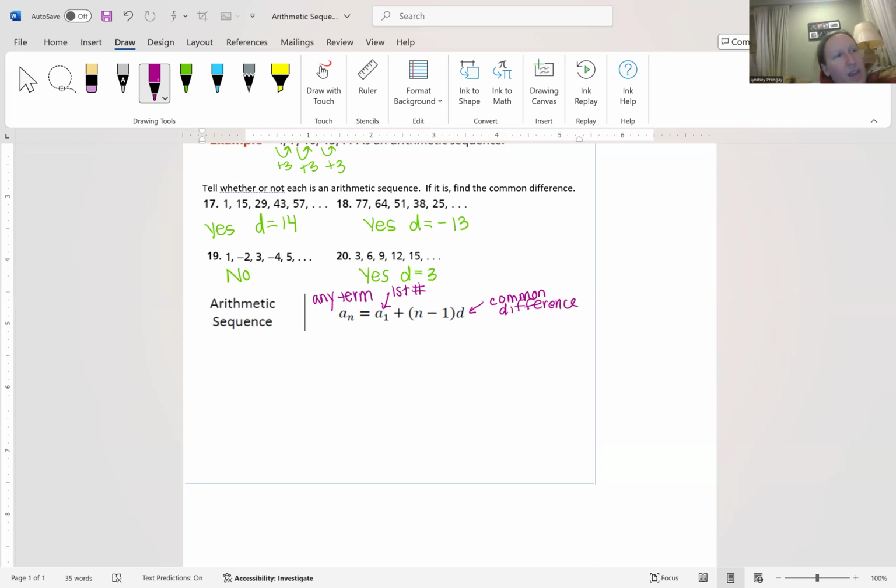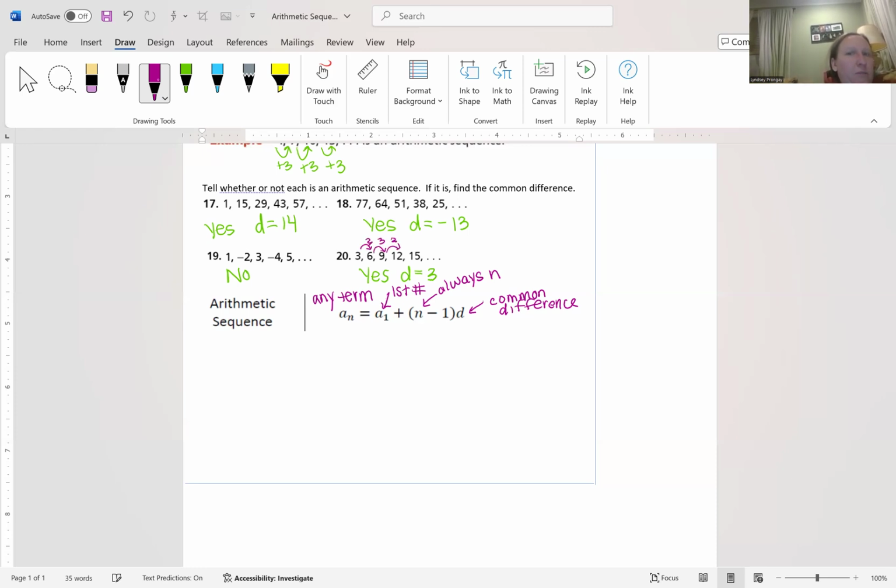And then we have this n minus 1, okay? This will always be an n. Like that a sub 1, that d, those will be numbers plugged in there. But when we write this out, that will stay an n there. Because what's happening, like if I go back to number 20, we're starting at 3, obviously, and then we're adding 3 each time.